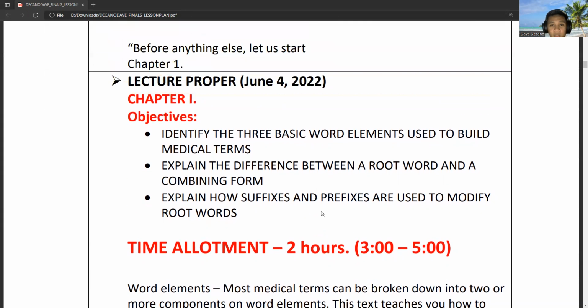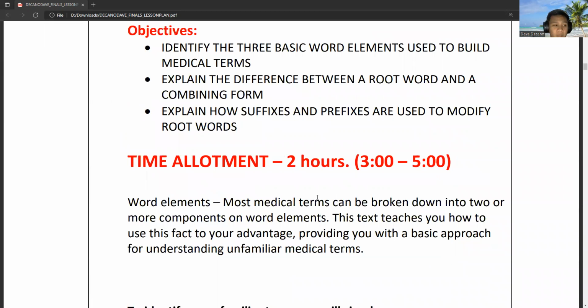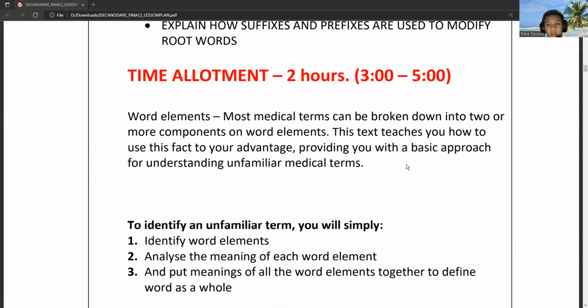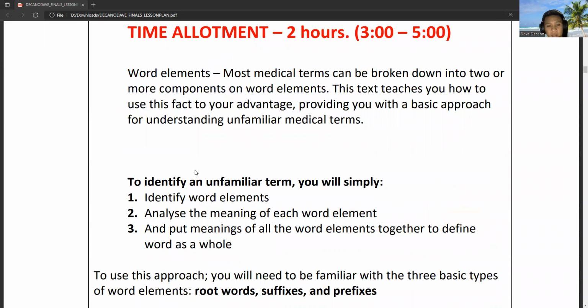In this chapter, the time allotment will be 2 hours from 3 p.m. to 5 p.m. Then these are my lessons: the word elements, and identifying unfamiliar terms.